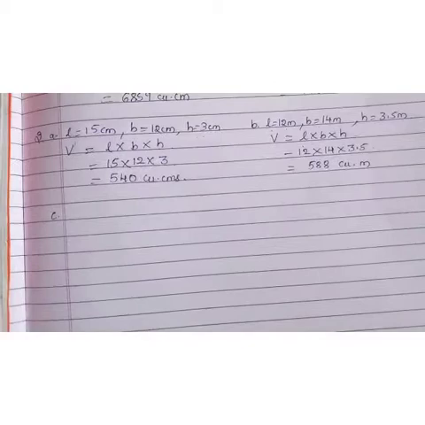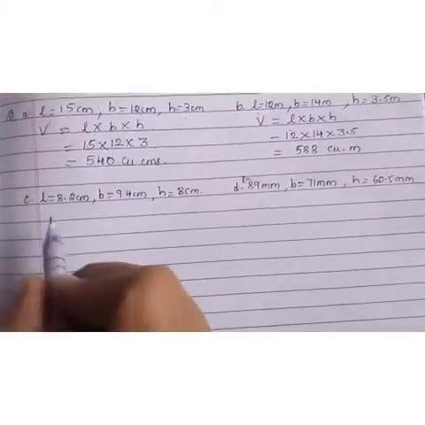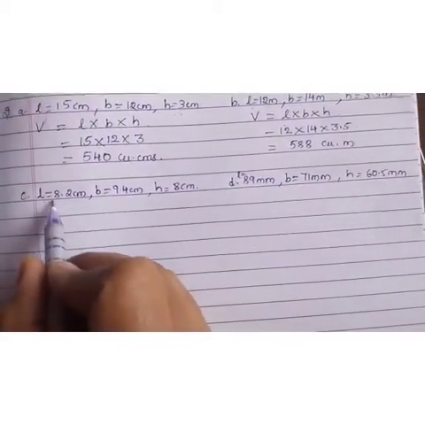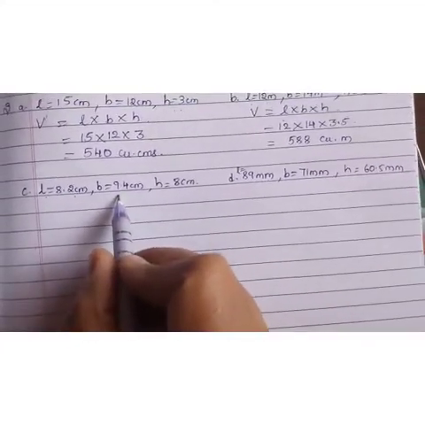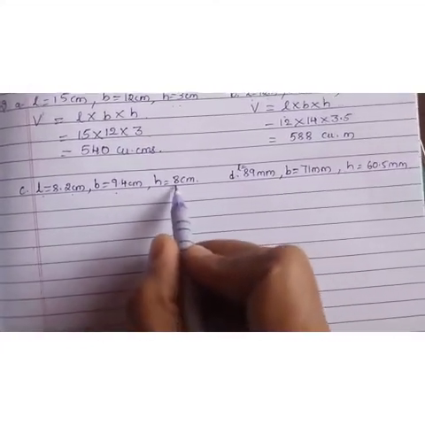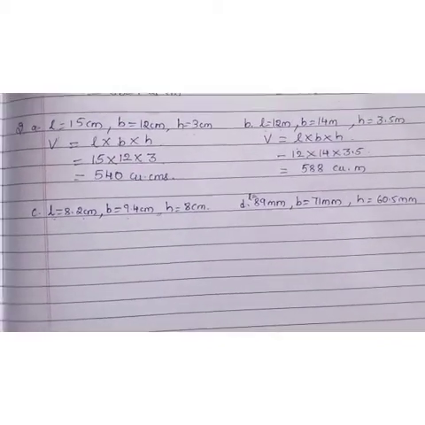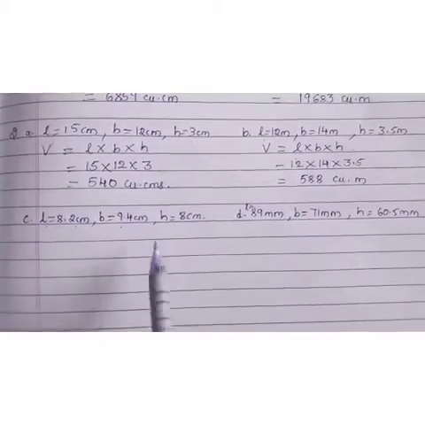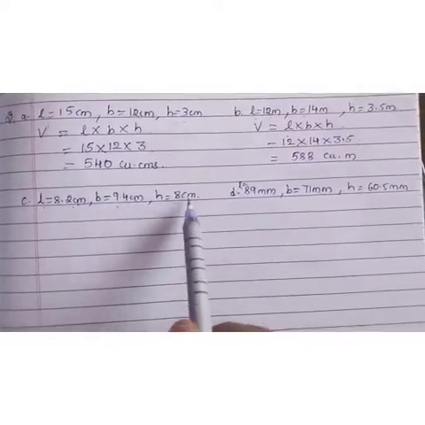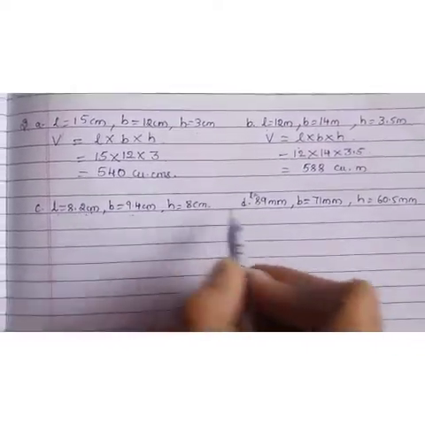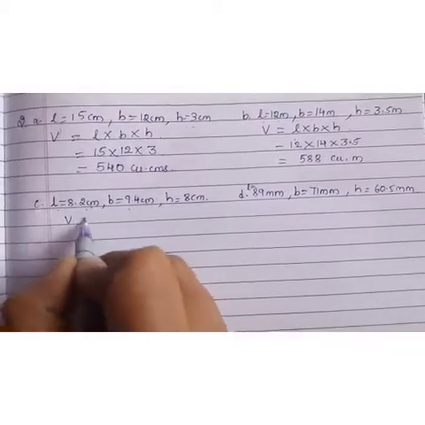Moving on to question number C, we have length is equals to 8.2 centimeters, breadth is equals to 9.4 centimeters and height is equals to 8 centimeters. Children, pay attention that whenever you are solving, make sure that the units are same. Here we have same units, so write the formula.